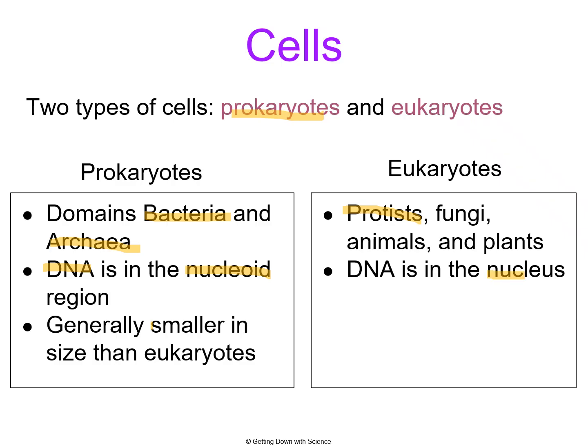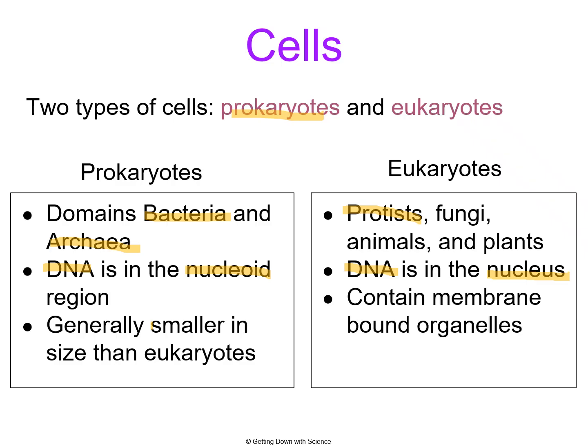The nucleus houses the genetic information in the form of linear chromosomes, which means that the genetic information has a beginning and an end. And eukaryotic cells do contain several membrane-bound organelles, which means that these subcellular components are surrounded by a membrane of some sort.